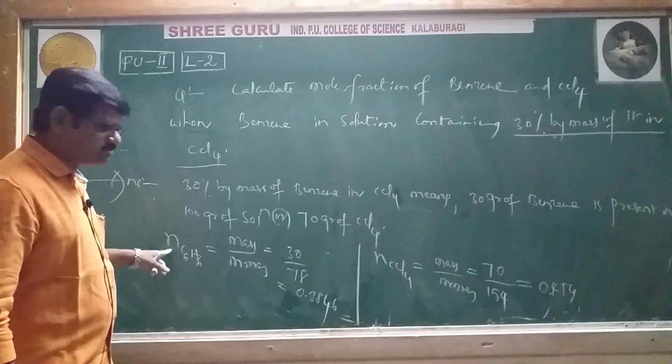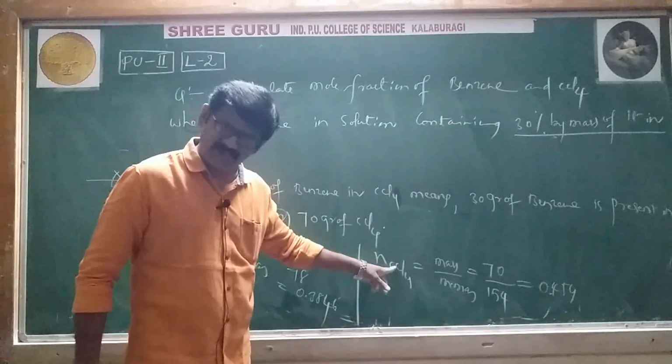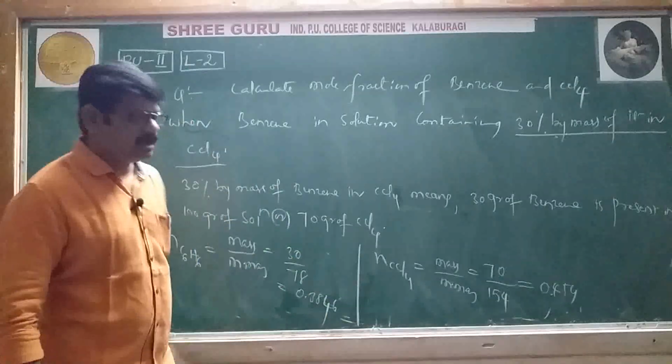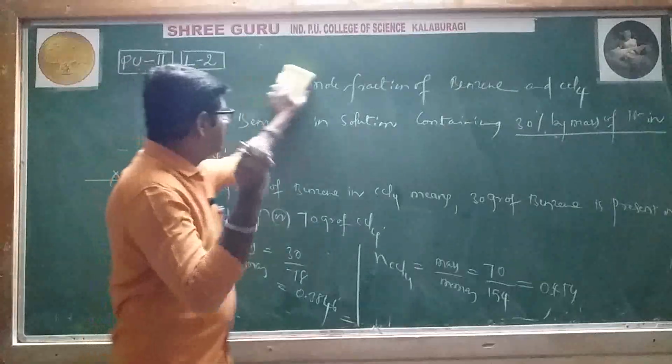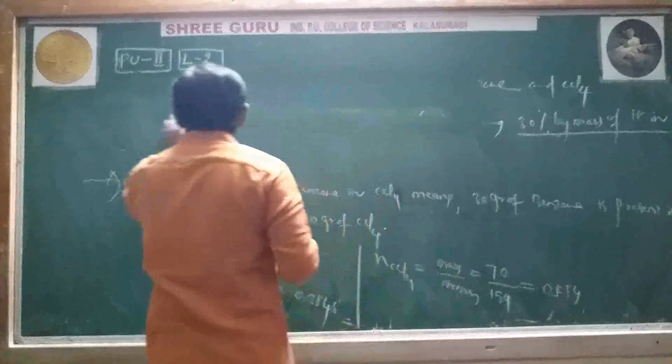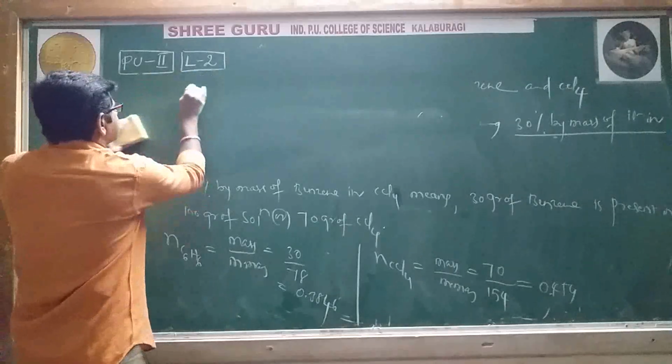Now, the number of moles of benzene is available, and the number of moles of carbon tetrachloride is also available. You can calculate the mole fraction of benzene, and we can calculate the carbon tetrachloride mole fraction also. I'll write the remaining part here.